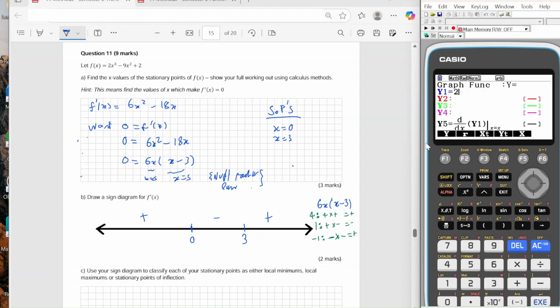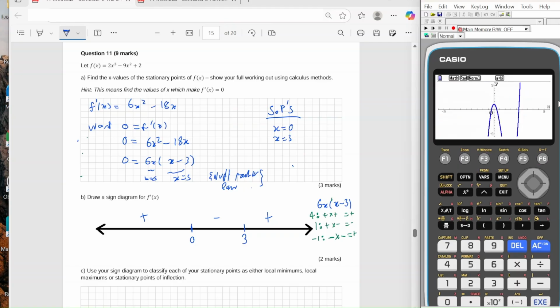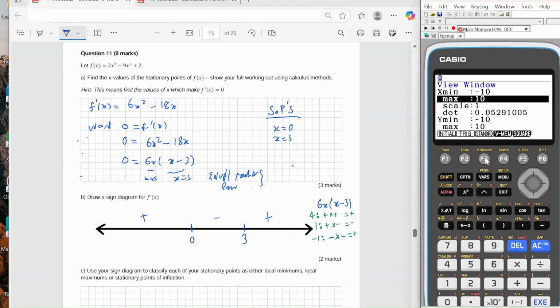So what I'd expect people actually did on this question is graphed the function, drew the function, set your window back to normal after that crazy crab question, and you hopefully see there's 2 stationary points. Well, you don't see the second one yet because it's down here, minus 30 on y.